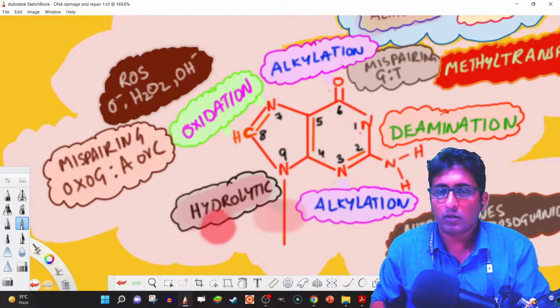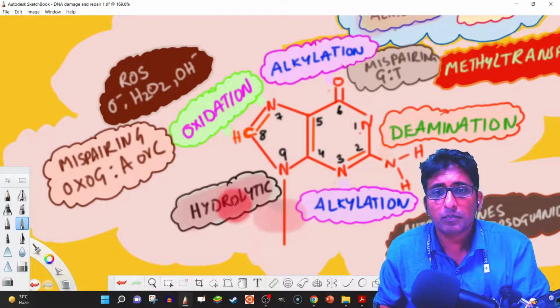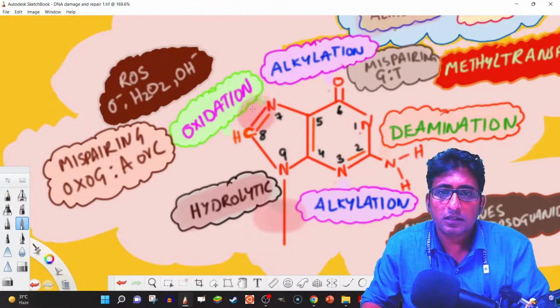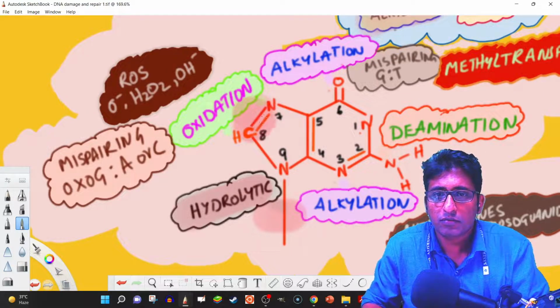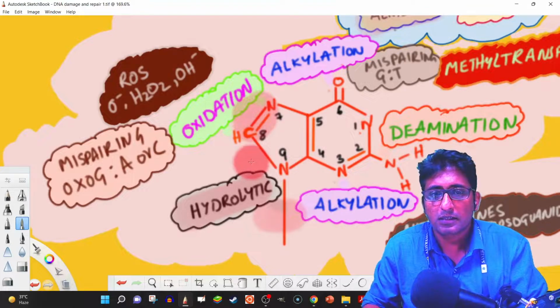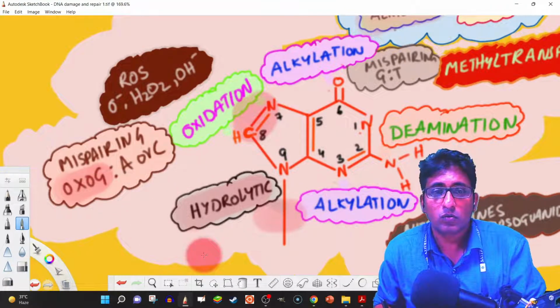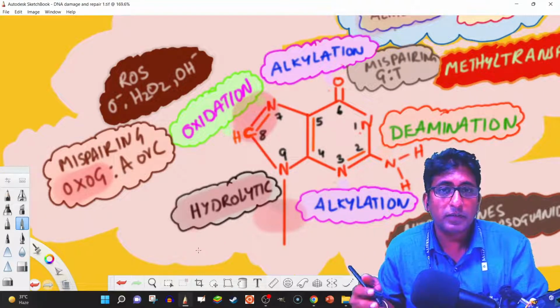At the same time, we also have several other positions that could be affected. Oxidation of this bond could happen at position 8, so we will end up forming oxo G, which changes the base pairing capacity.